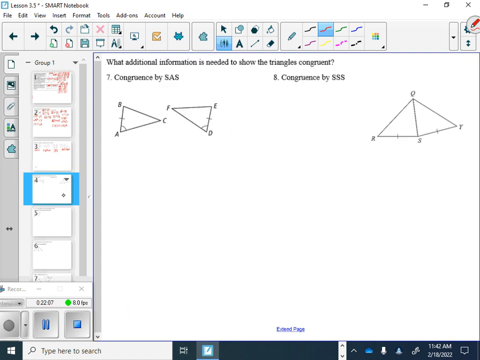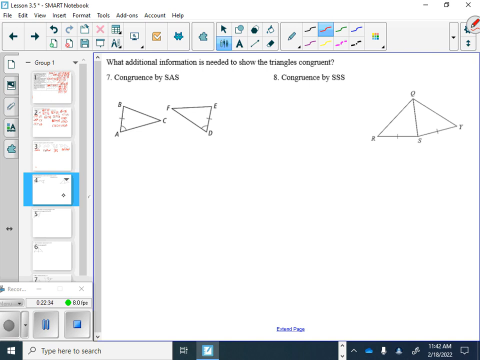Alright, for this next one, it printed a little weird on your paper. The one to the left is number 7 and the one to the right is number 8. I apologize about that. For these 2 problems, whenever you're asked what additional information is needed, you only need one thing. If it looks like you need more than one, the other is quote-unquote obvious, which you should realize.